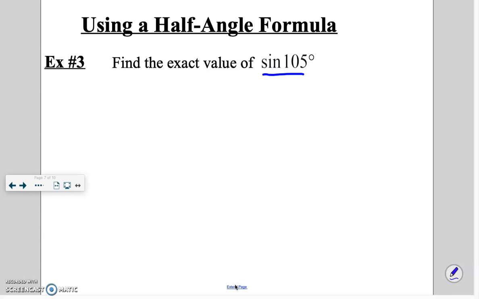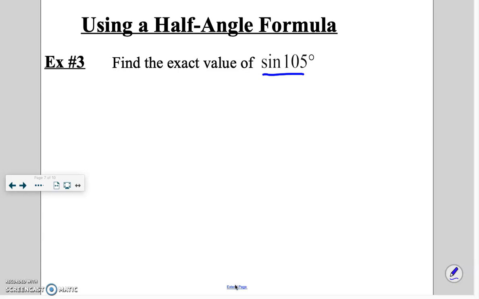Please understand that on the Chapter 5 test, whether that's Friday or Monday, or Tuesday, sorry, the directions will be written in a way such that it will say, using a half-angle formula, find the exact value of the sine of 105 degrees. And then the very next question might say, using a sum or difference formula, find the sine of 105 degrees.